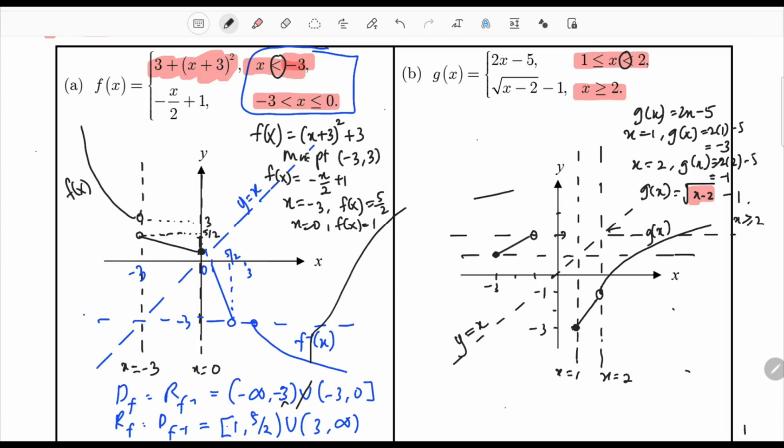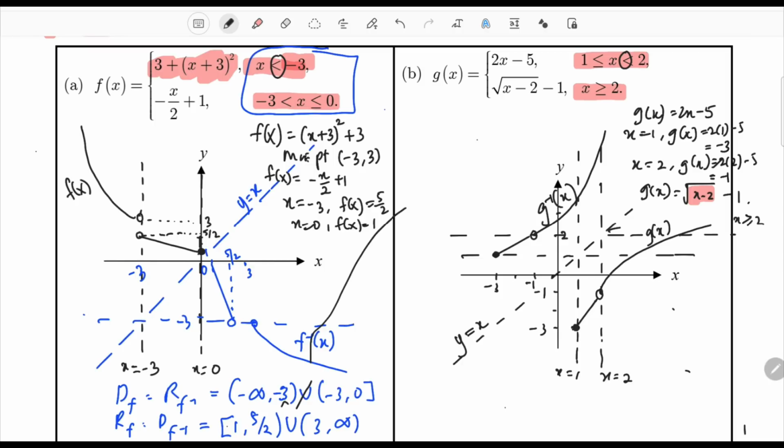So this is number 2, this is negative 1, and then the other graph will be something like this. Okay, so this is your g inverse of x.